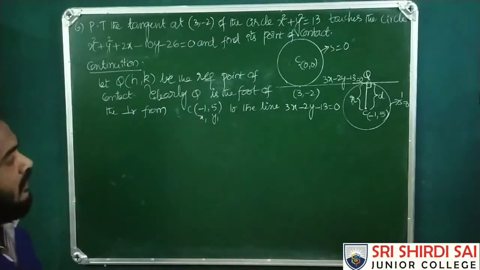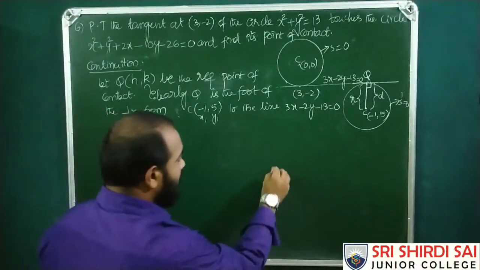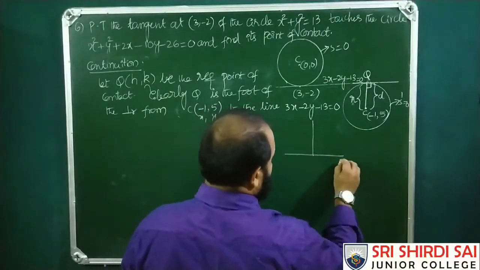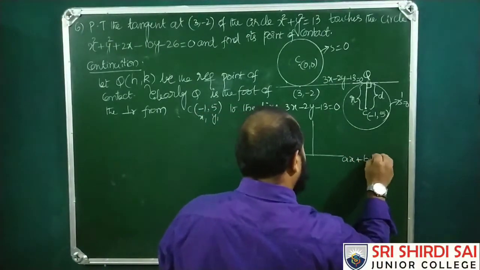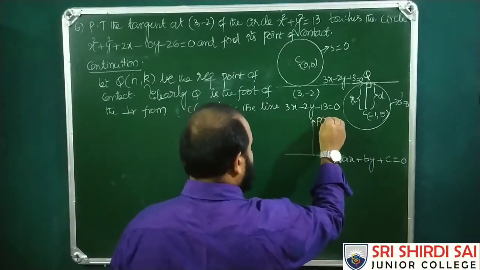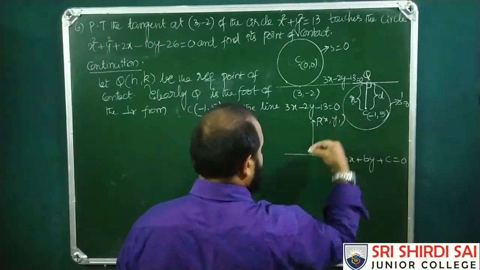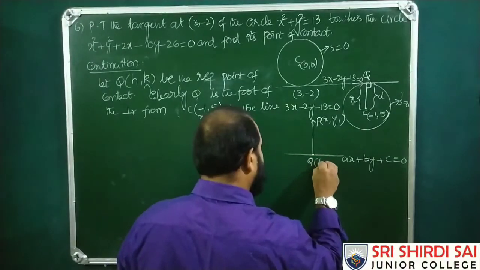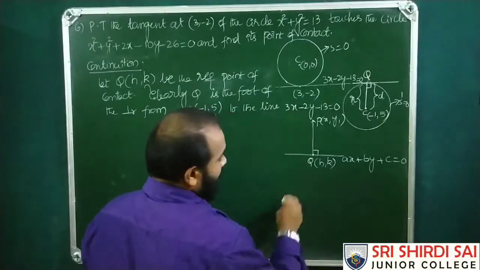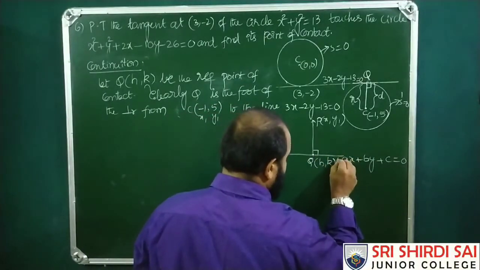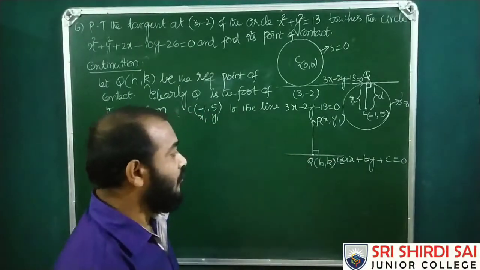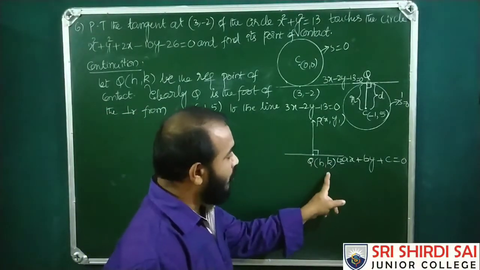So remember the foot of the perpendicular concept. This is ax + by + c = 0, this is P(x1, y1), and this is Q(h, k). Let us suppose this line to be L. So PQ is perpendicular to L, and Q(h, k) is the foot of the perpendicular.